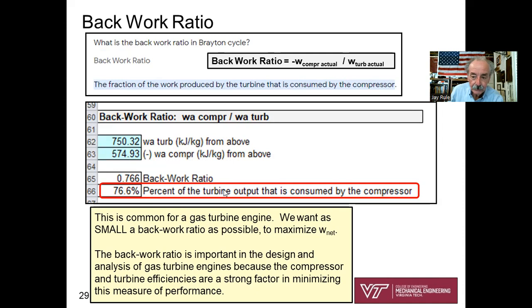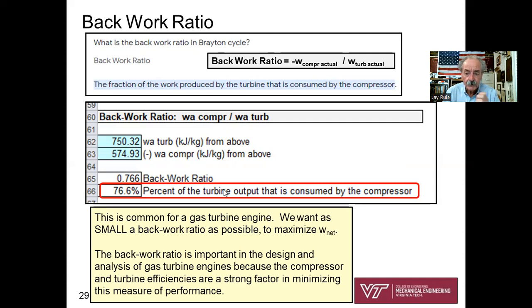That is a huge back work ratio. We want that to be as small as possible. This back work ratio is very important in the design and analysis of gas turbine engines. And this was one of the major problems all the way back in World War II, when jet engines were just being invented for aircraft service.